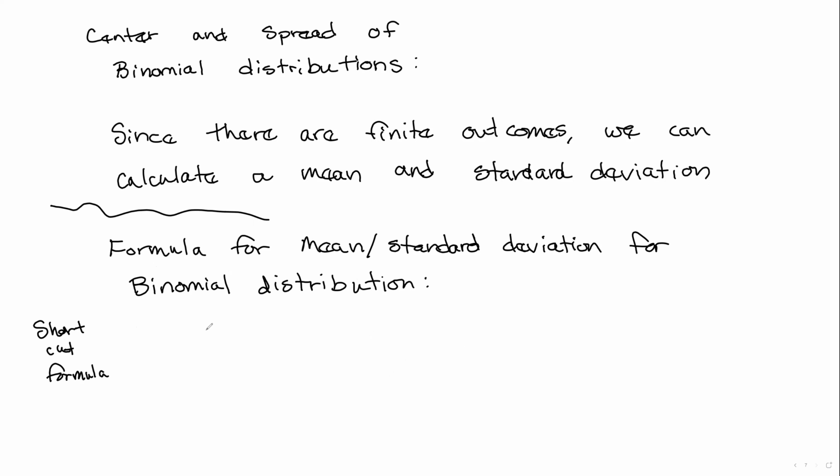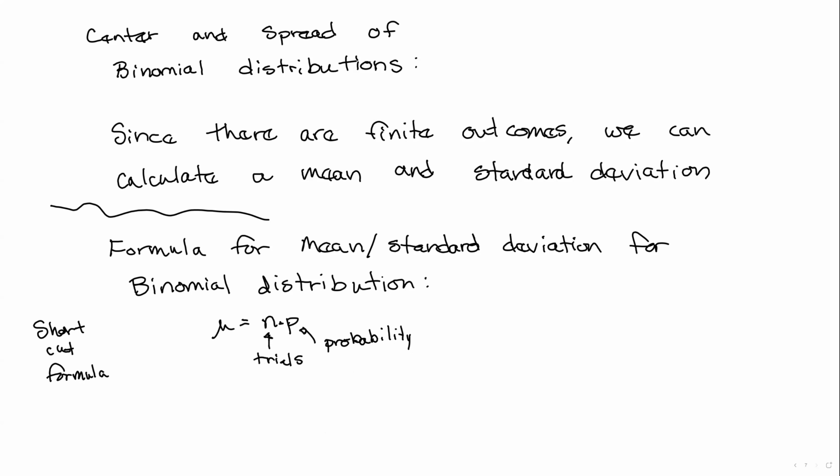All right, so the mean, we're using mu here, equals n times p. So you take the number of trials and then you multiply by the probability, and that enables you to get the mean.